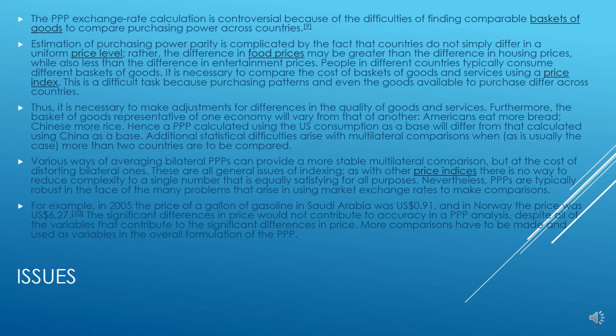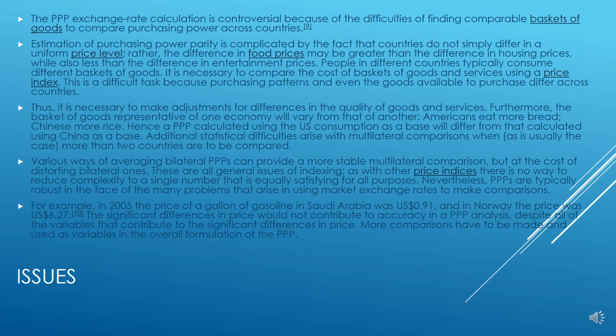So people in different countries typically consume different baskets of goods, and it is necessary to compare the cost of a basket of goods and services using a price index. So this is a difficult task because purchasing patterns and even the goods available to purchase differ across countries.